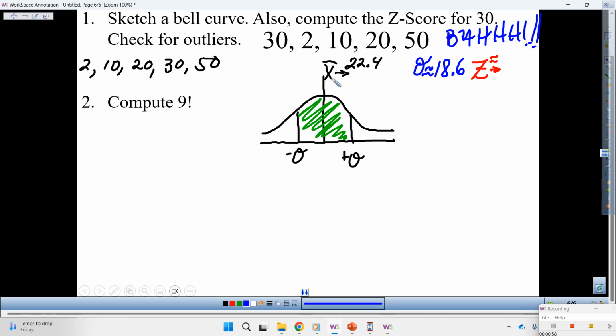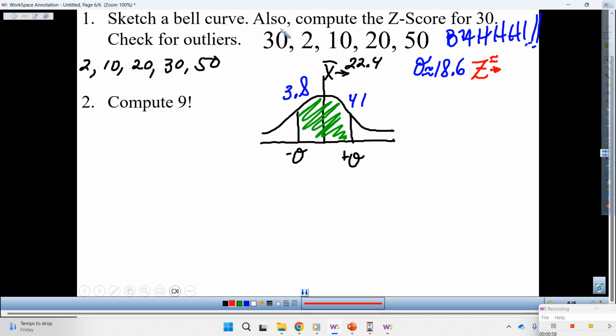So therefore, one standard deviation up, we should be at 41. And one below should be at, let's see, 3.8. Is that correct? Yeah, right? So between 3.8 and 41. Now we need a z-score for the number 30.